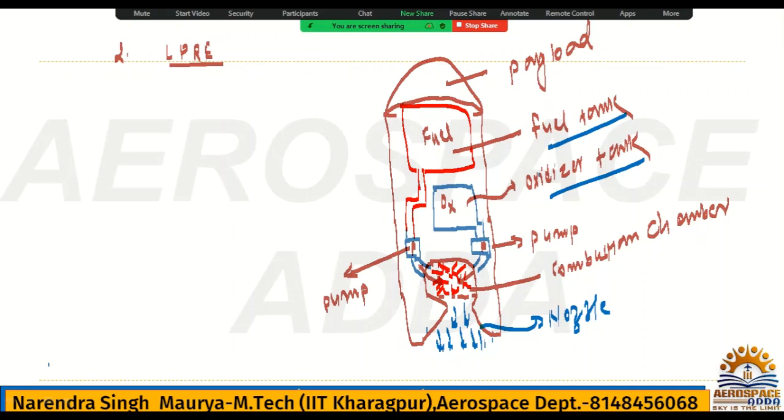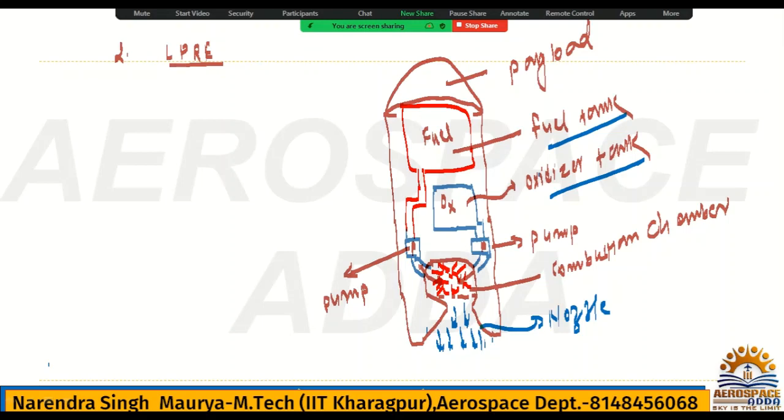So LPRE is quite complex and requires specialized nozzles also, because in the nozzle we should have proper mixing as well as combustion, because whatever combustion occurs is in the combustion chamber, but it is connected directly with the nozzle, no? So that design should be proper.